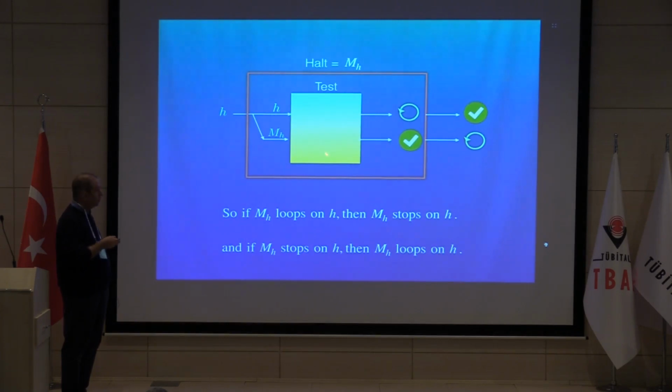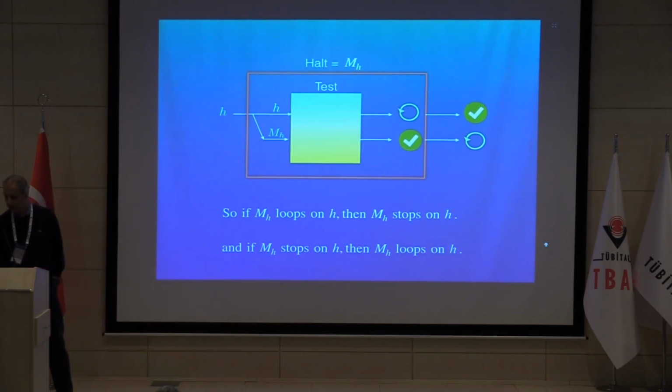It had to verify whether My stops on x or not. Now we have given the test the same numbers. H, instead of x and y, I have given H and H. And this comes to a contradiction. Here you see the contradiction. If MH stops on H, again MH loops on H, and vice versa. This means that such a machine is not possible.